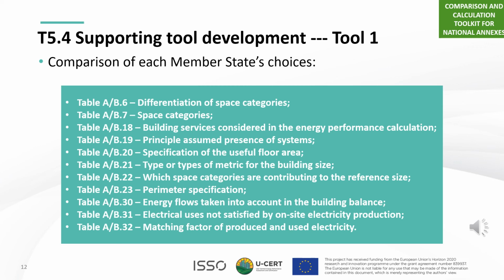For these tables, a document listing all of the gathered choices made by each member state has been generated, as well as for the tables covered by the simplified comparison. An explanatory report has been prepared even for these tables with additional information and explanation related to each of them.